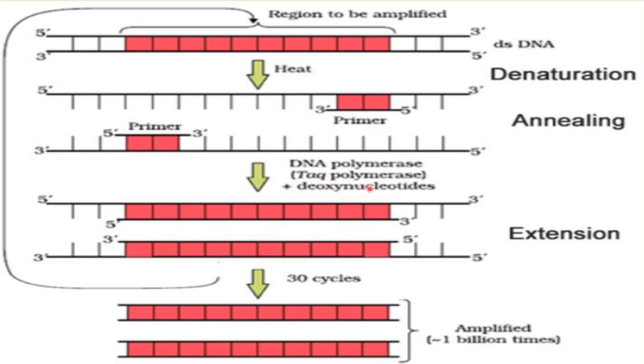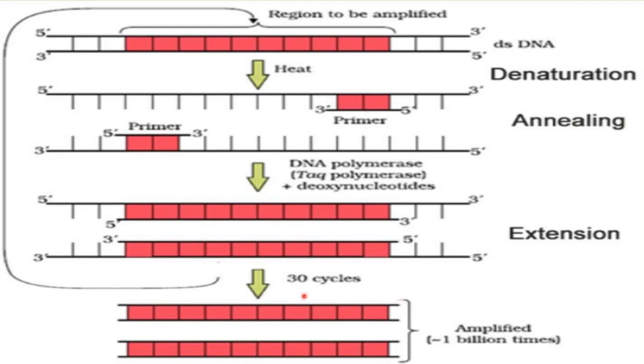So Taq polymerase and also some deoxynucleotides are added here in the machine, because by using these deoxynucleotides only this Taq polymerase can synthesize a new strand of DNA, right? These deoxynucleotides are a raw material here for synthesizing a new strand of DNA. So by using these deoxynucleotides, Taq polymerase will synthesize new strands of DNA, and this step is called extension or polymerization.